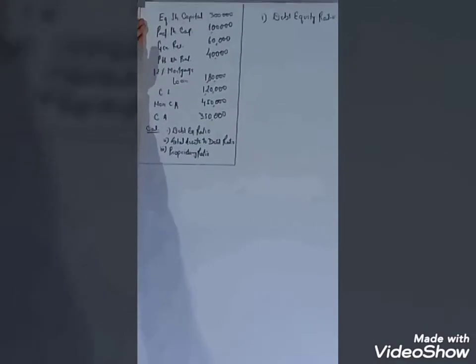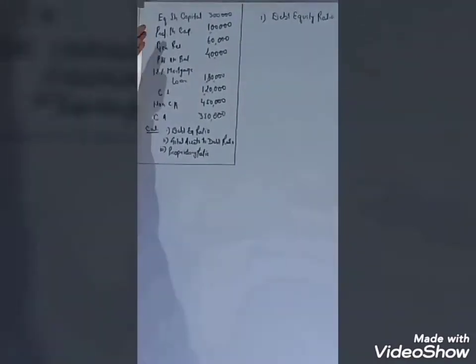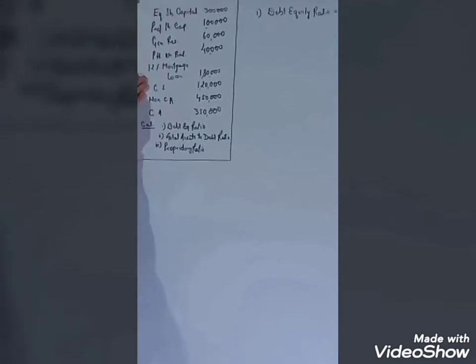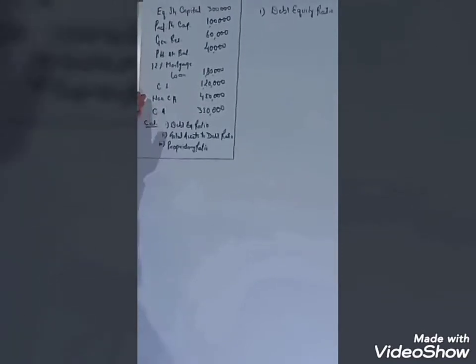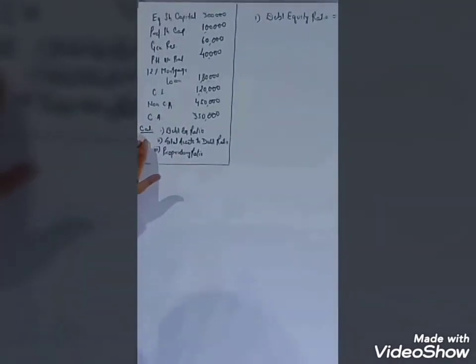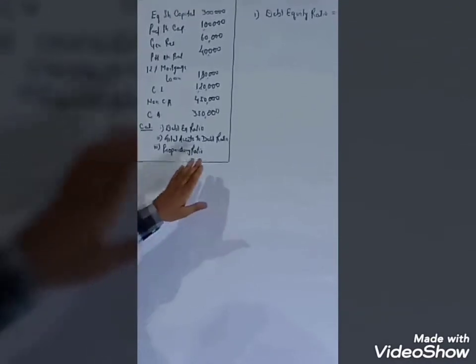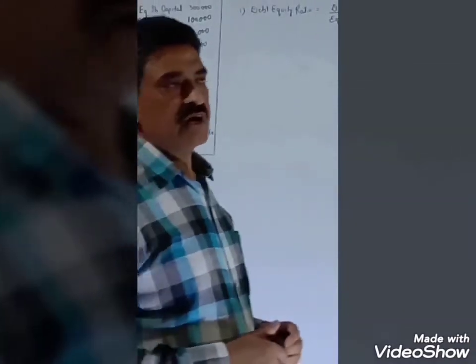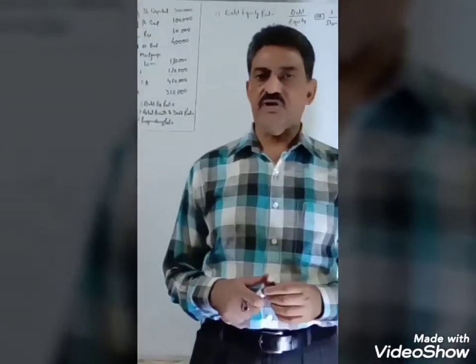We are having equity share capital, preference share capital, general reserve, profit and loss account balance, 12% mortgage loan, current liabilities, non-current assets, and current assets. On the basis of this information, we have to calculate debt equity ratio, total assets to debt ratio, and proprietary ratio. First of all, we will calculate debt equity ratio.